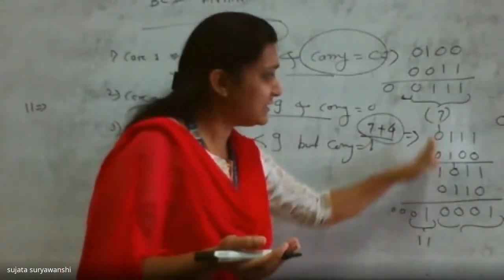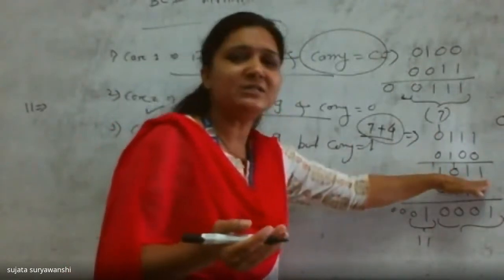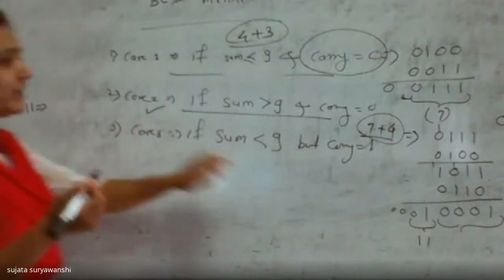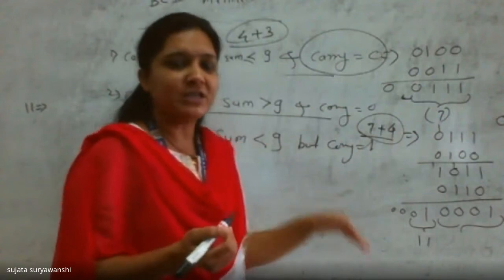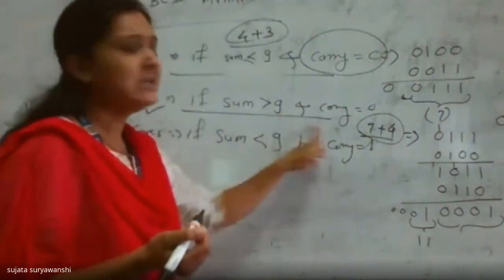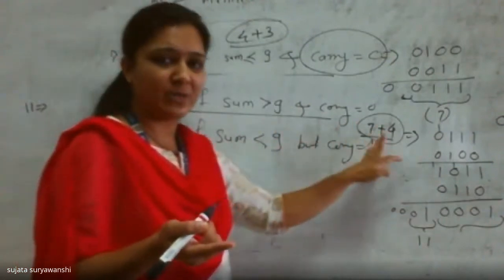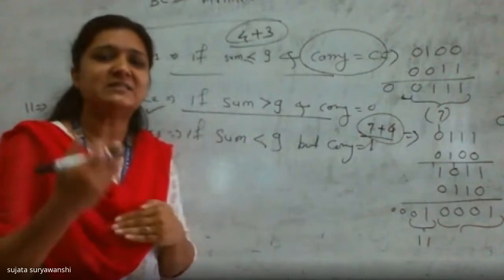So this is not valid in case of BCD rules. To get it in the BCD format, you have to add 6 to your result. If your result is in the second case, that is, your result is greater than 9 and carry is equal to 0. Understood?